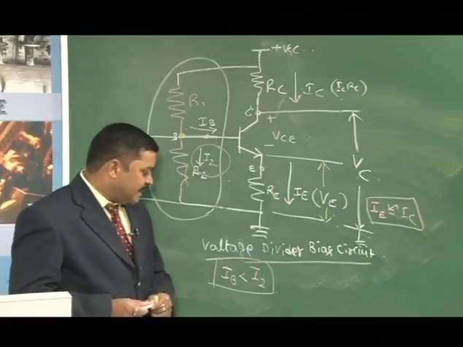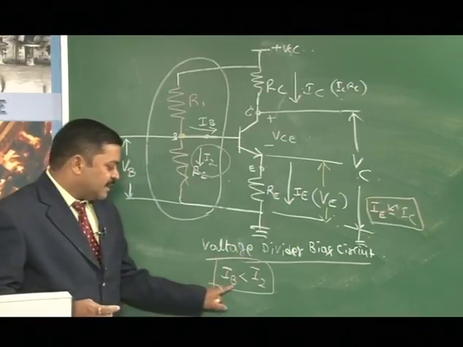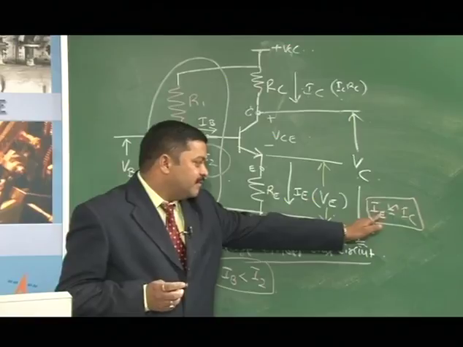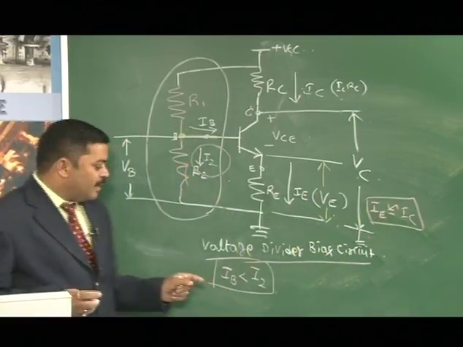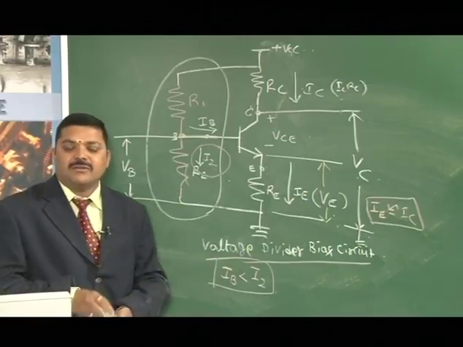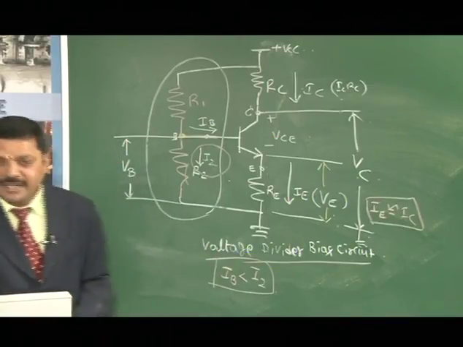So IB less than I2 is one condition. The other condition is we will approximate IC equal to IE or vice versa. Only in such a case can we go for the approximate analysis.